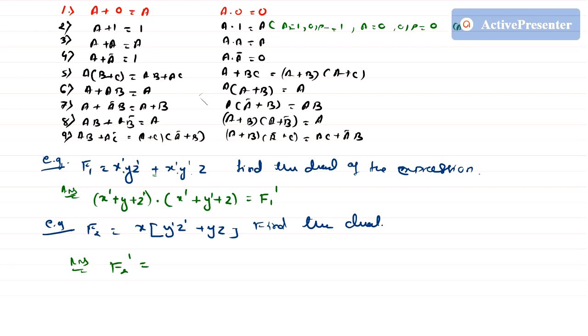So it is x, here it is an AND operator, I will put a plus here, then the bracket starts, then yz, here a plus operator, y' z', okay, I will put it in a bracket, here the plus operator is there, I will make it an AND operator, then y plus z. Okay, this is the answer. Anyone got this answer?